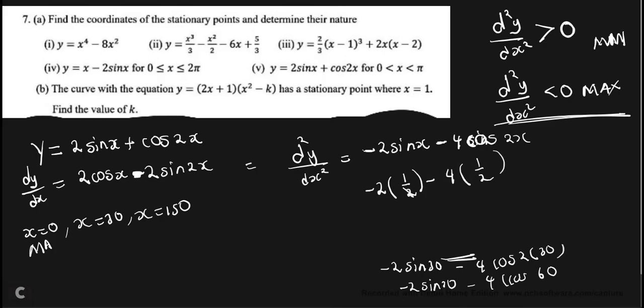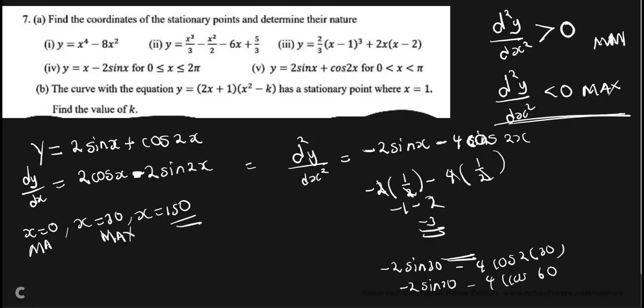Such that this part gives negative 1, and this part gives negative 2. So negative 3. Now it's less than 0 again, so that's your maximum again.